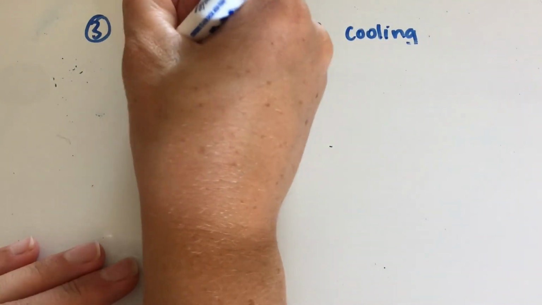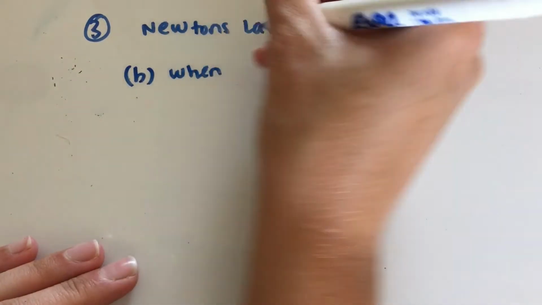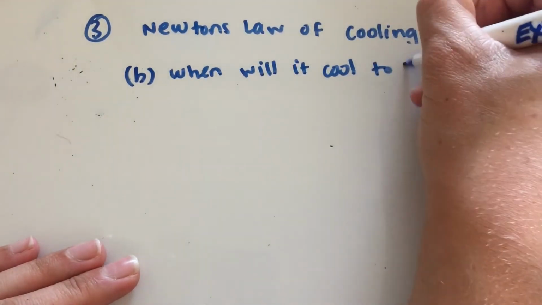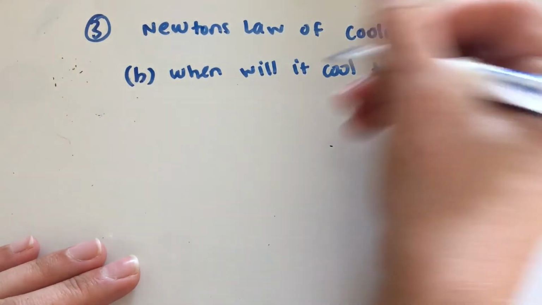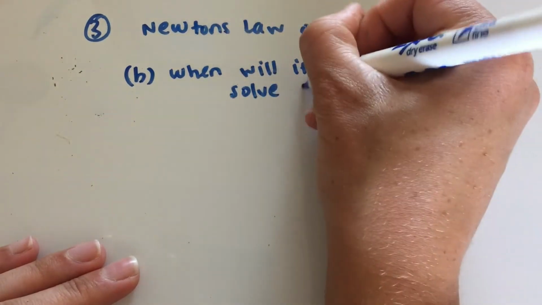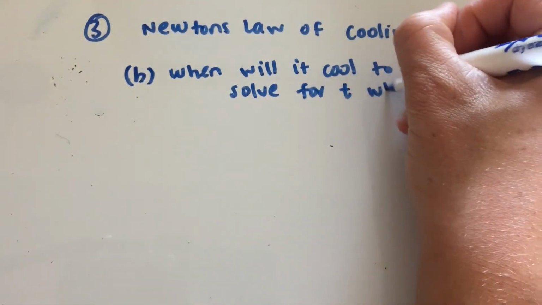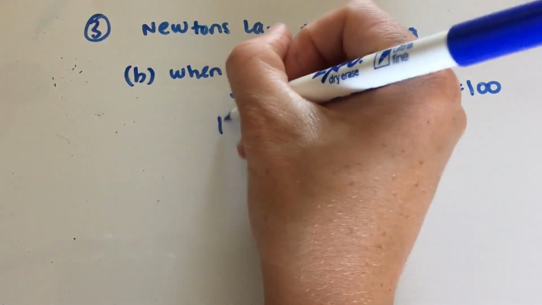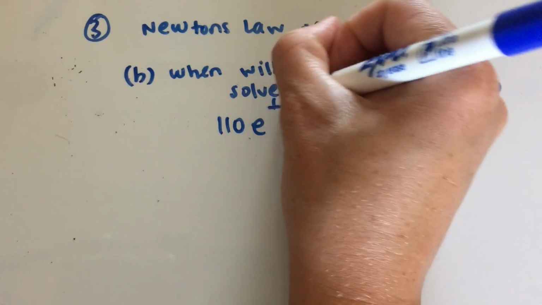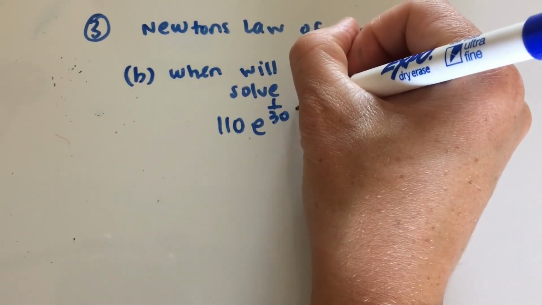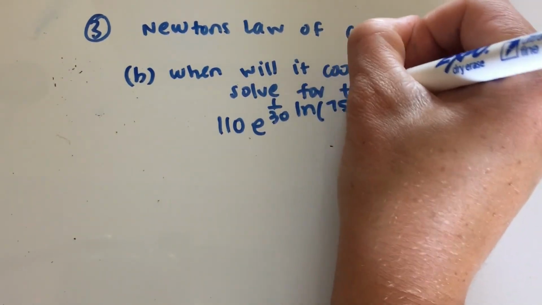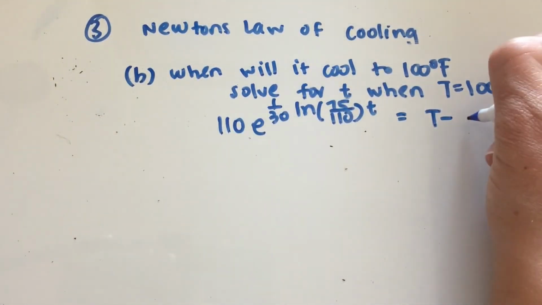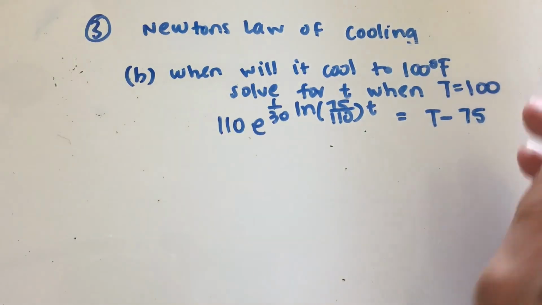And the second question asks, when will it cool to 100 degrees Fahrenheit? So here we want to solve for t when capital T equals 100. So my equation is 110 e to the 1 over 30 times ln 75 over 110 times t equals capital T minus 75.